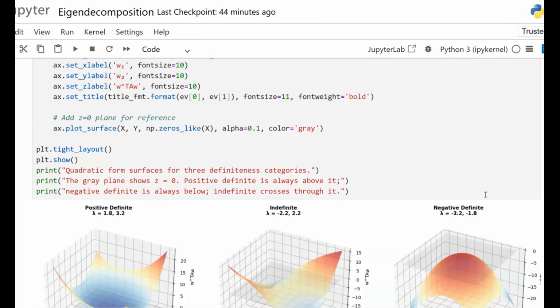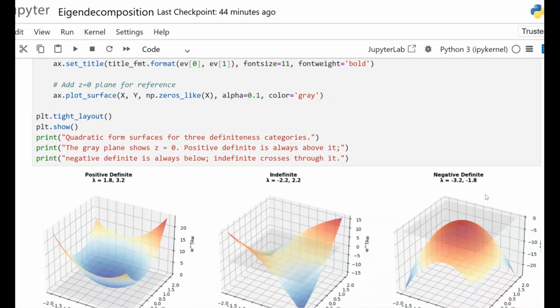The quadratic form becomes a surface in 3D, the eigenvalue gives the curvature along a principal axis, and definiteness is given by position relative to z equal to 0. So it provides a direct visual proof that eigenvalue signs always relate to the global shape of W transpose multiplied by A multiplied by W.